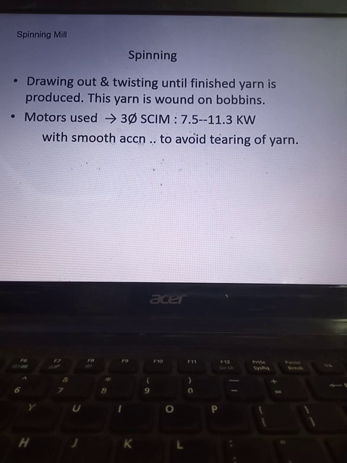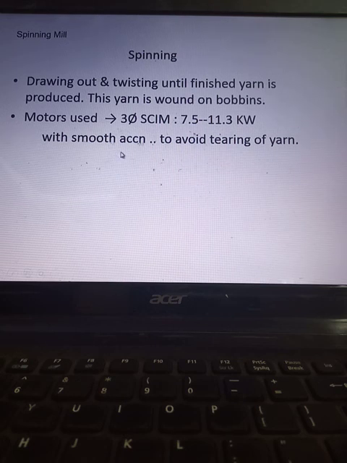So the power rating of the motors required is less, not that much as in the case of a steel mill. In the case of a steel mill, you have megawatts of requirement, whereas here it is kilowatts, that too modest values. So the three-phase squirrel cage induction motor of lesser rating we require.